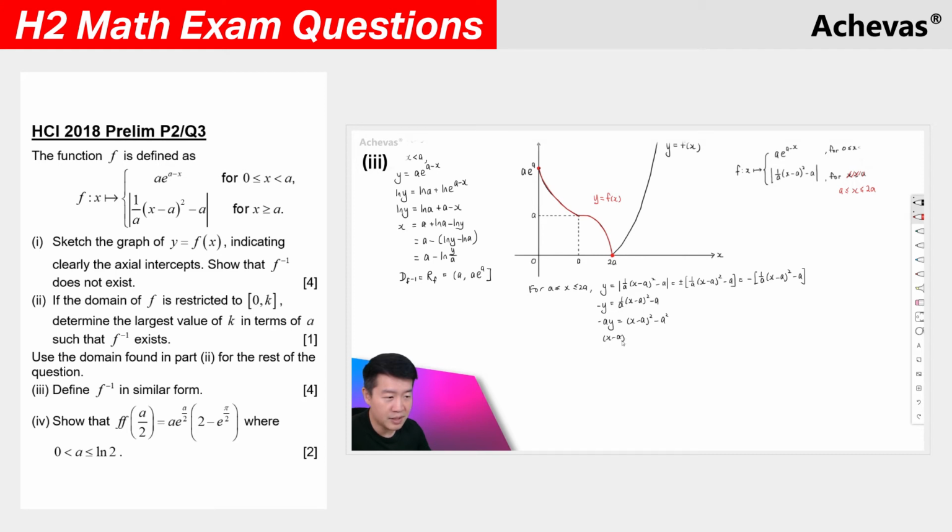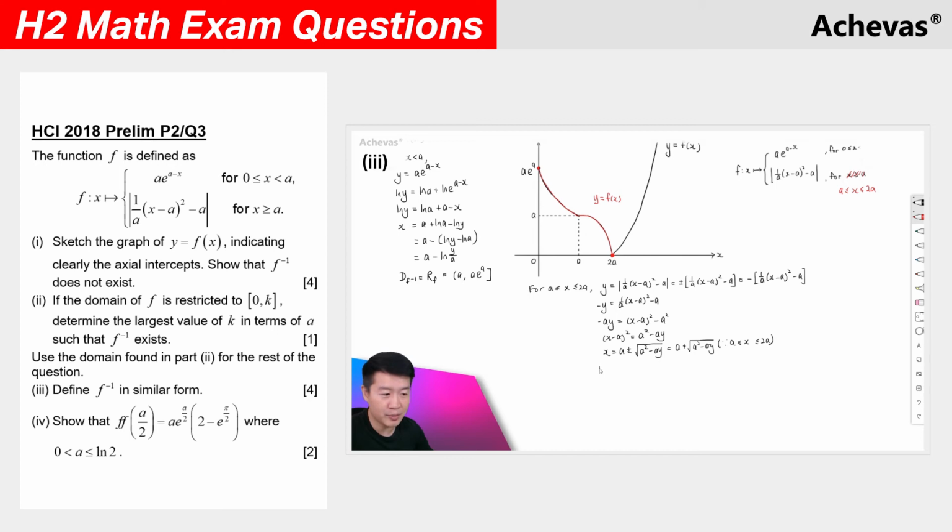So (x minus a) squared is equal to a squared minus ay, which means that x is going to be equal to a plus or minus square root of a squared minus ay. And since x is supposed to be bigger than a, between plus minus, I'm going to choose plus, so that x can be bigger than a. So this will be a squared minus ay within the square root. I'm making this choice because x is supposed to be bigger than a, less than or equal to 2a.